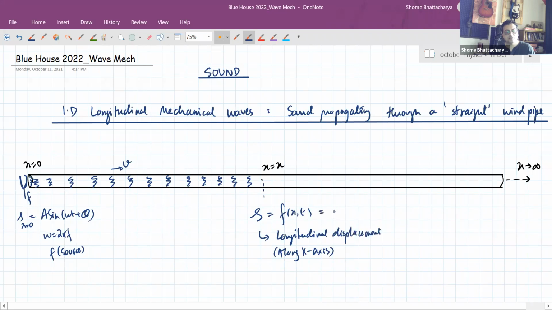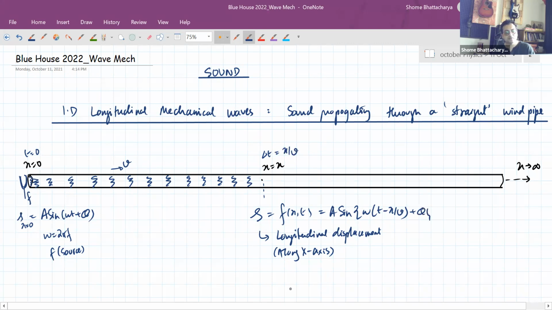So that as a function of x and t becomes amplitude into sine omega into t minus x by v. Okay, because the wave will reach here after a time. If it started from here at t equal to 0, the oscillation will reach here after a time of x by v. So the time factor is affected this way.